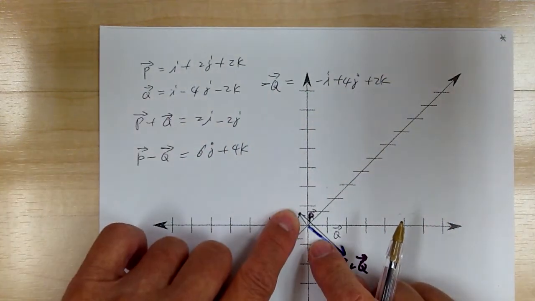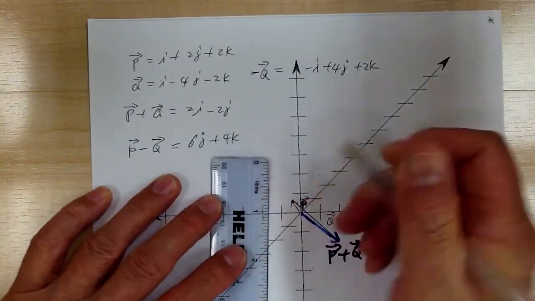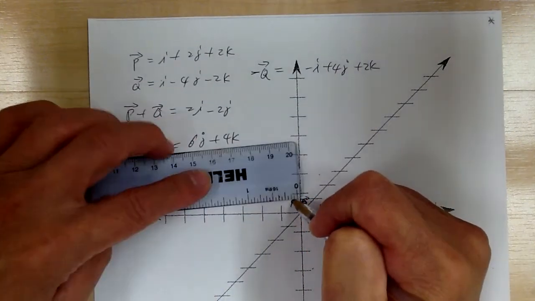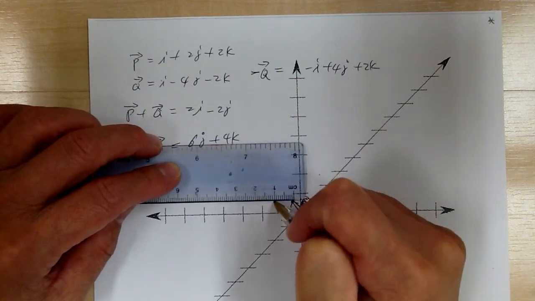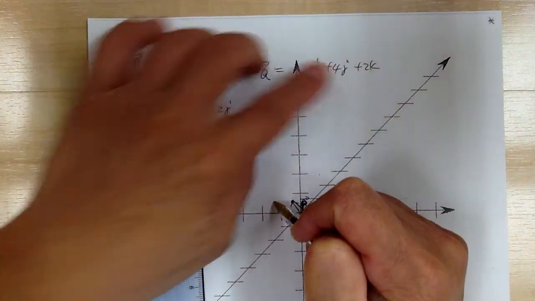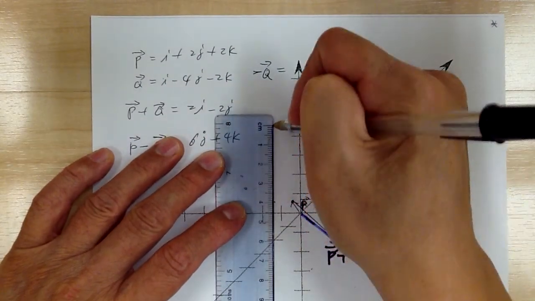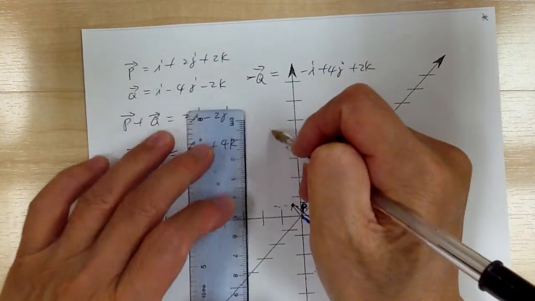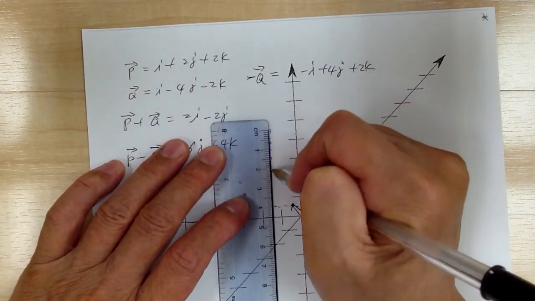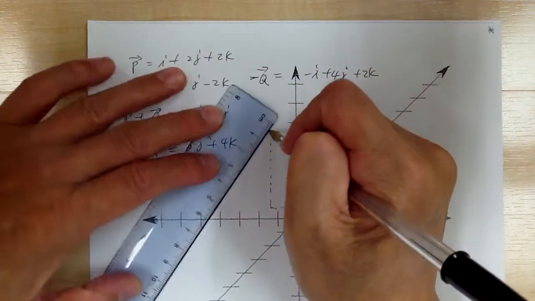So here's your P, and you're going to add on to that. Okay, so you can continue from here. So minus 1 in the x direction, plus 4 in the y direction. Now, if it helps you, you can do the little dots and use a pencil to help you visualize. And 2 in the z direction.